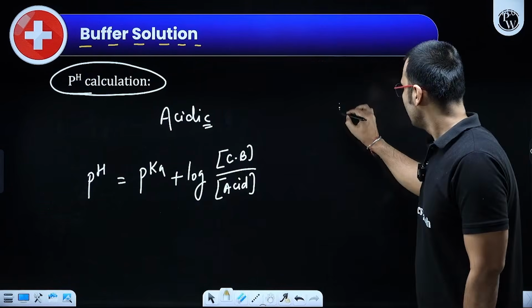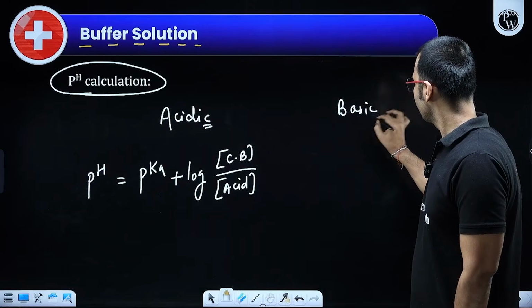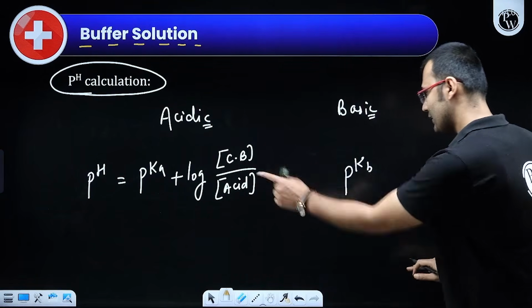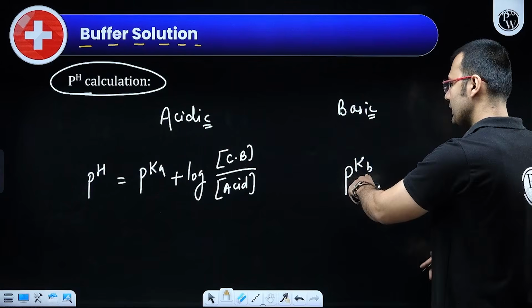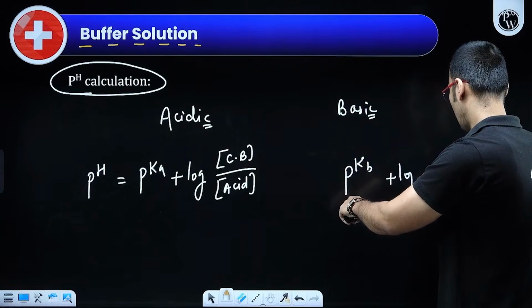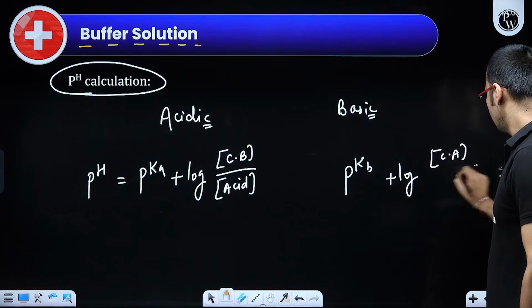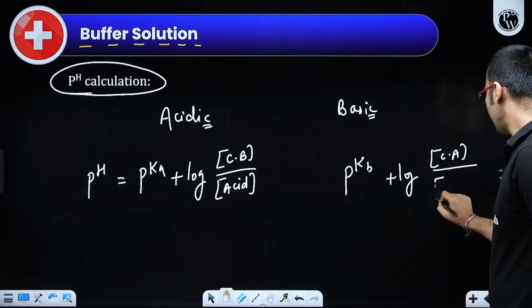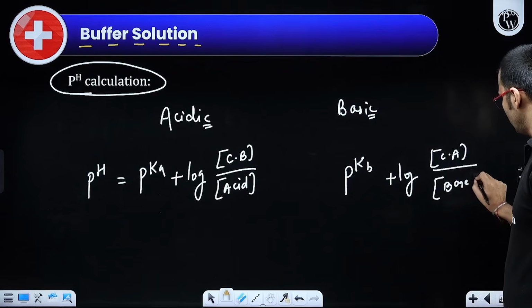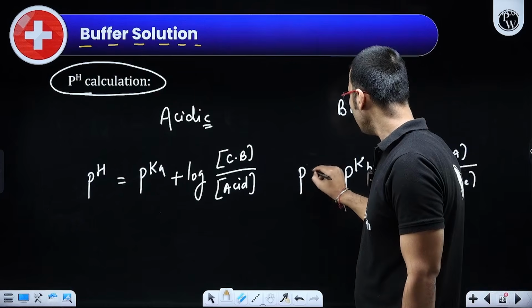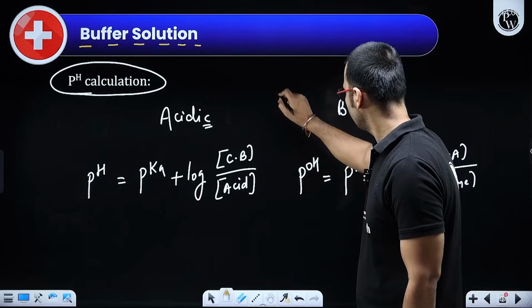Similarly, if you have a basic buffer, in that case pKb, please observe it's similar. There pKa, here pKb, plus log, there we have conjugate base, here we have conjugate acid. There we have acid, here we have weak base. With the similar formula, in case of basic buffer, you will get pOH instead of pH, right?